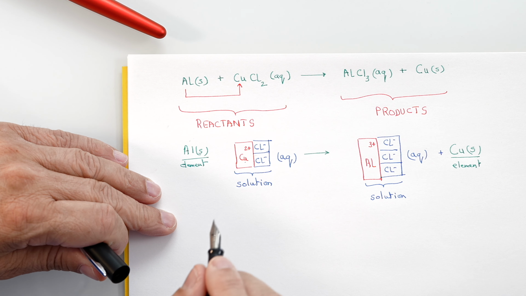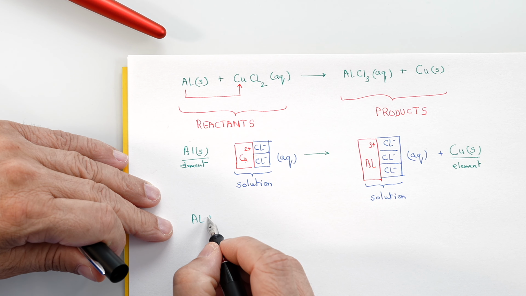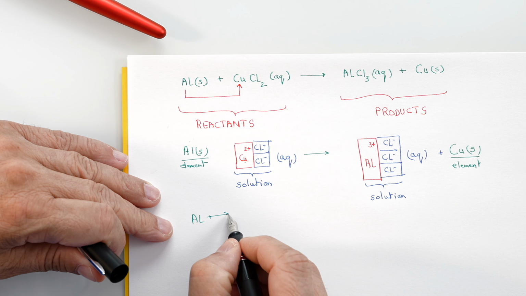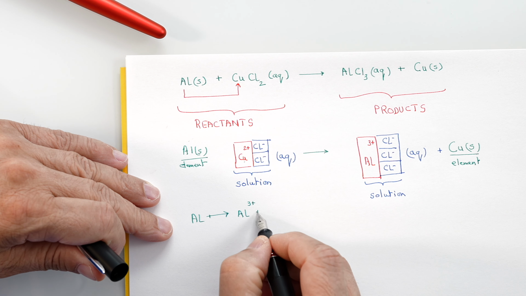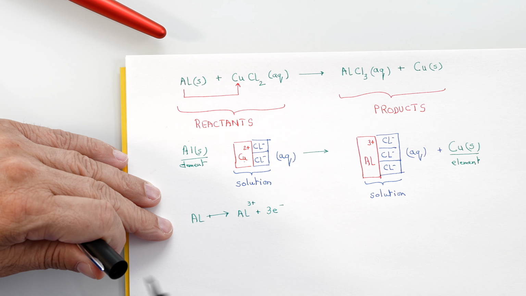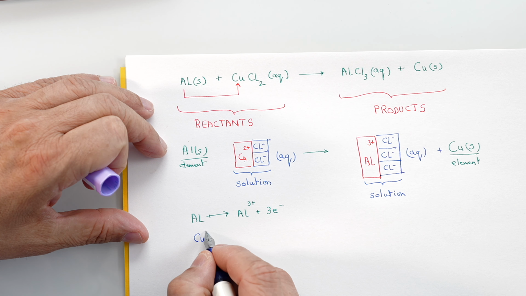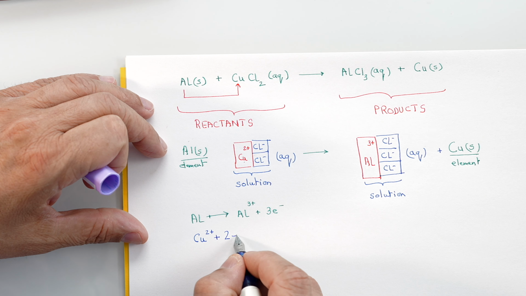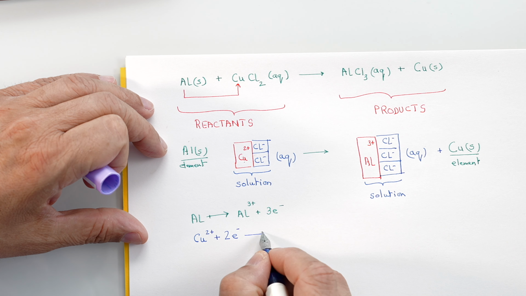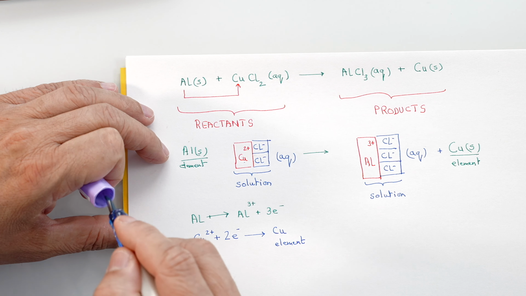So just to make sure you're clear on this, aluminum starts out neutral, okay, but then it reacts and it becomes aluminum 3 plus and 3 electrons. Copper, on the other hand, was sitting like so, and at the end of it, it gains 2 electrons and becomes copper element.